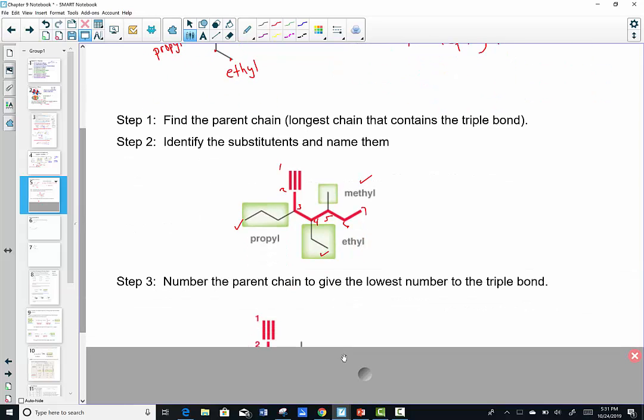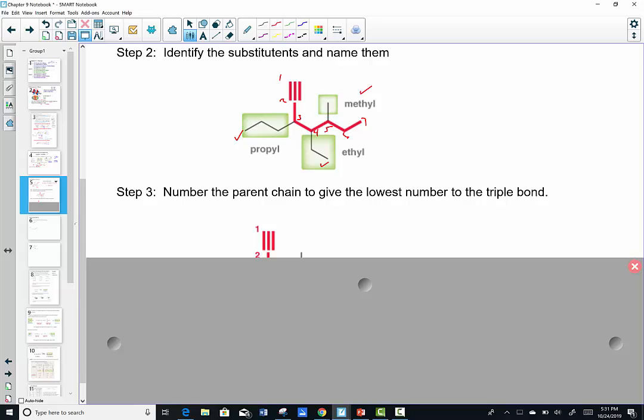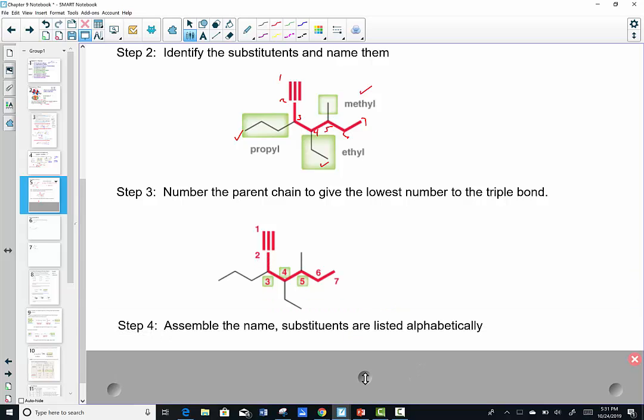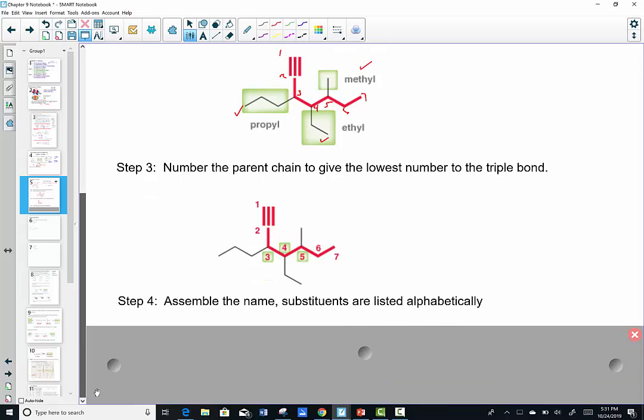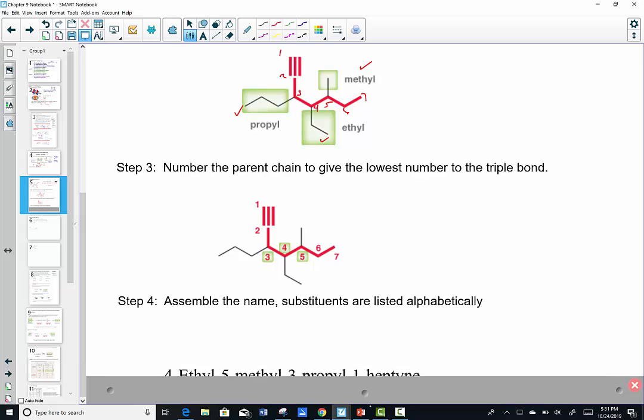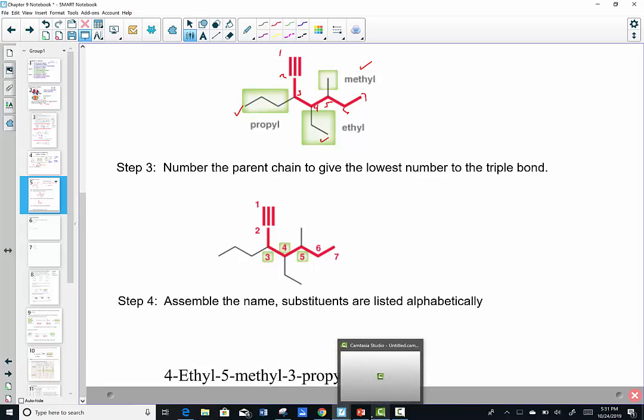From there, just to get back on the strategy, we assembled the name and listed them alphabetically. And when we listed them alphabetically, we found our name: 4-ethyl, 5-methyl, 3-propyl, 1-heptyne. Alphabetical: E, then M, then P.